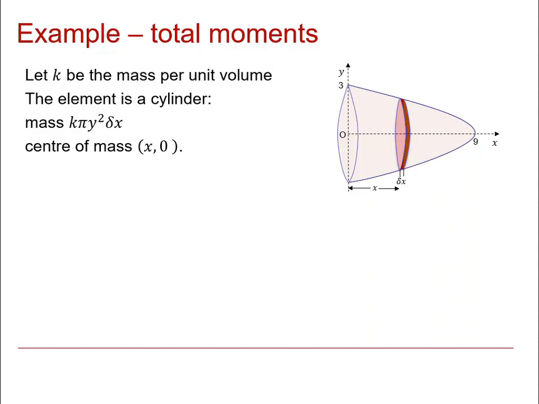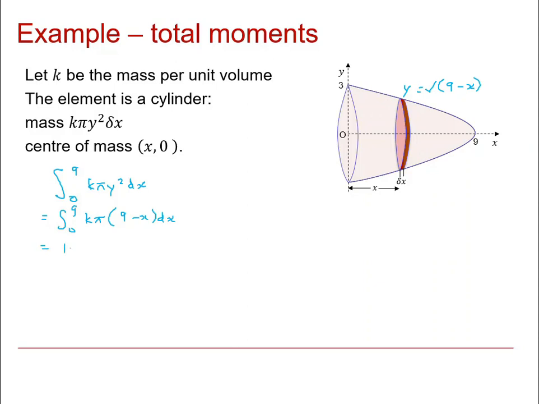That will give us an integral, which in this case goes between 0 and 9, and it's of k pi y squared dx, and in this case we know that y is equal to the square root of 9 minus x, so that's the expression that we can substitute to evaluate the integral. So it's the integral from 0 to 9 of k pi times 9 minus x dx.